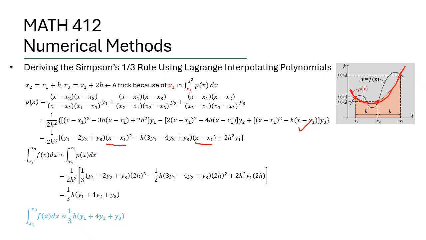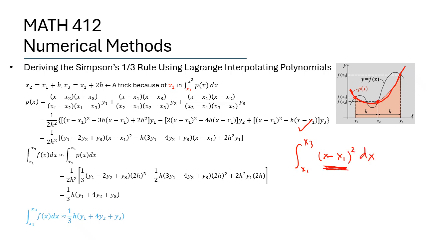Okay, so now we integrate this function from x1 to x sub 3, right? Yes, just do it. And remember, we don't need to expand. If you have some function like x minus x1 squared dx, we don't have to expand this one.